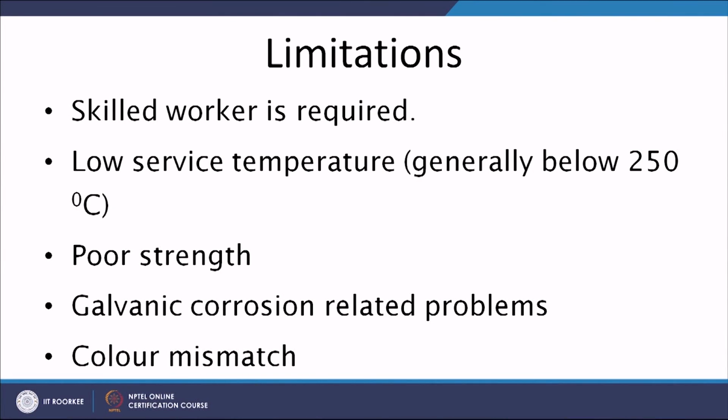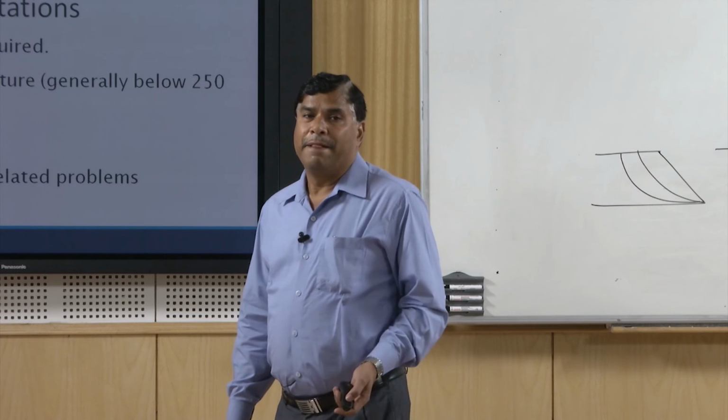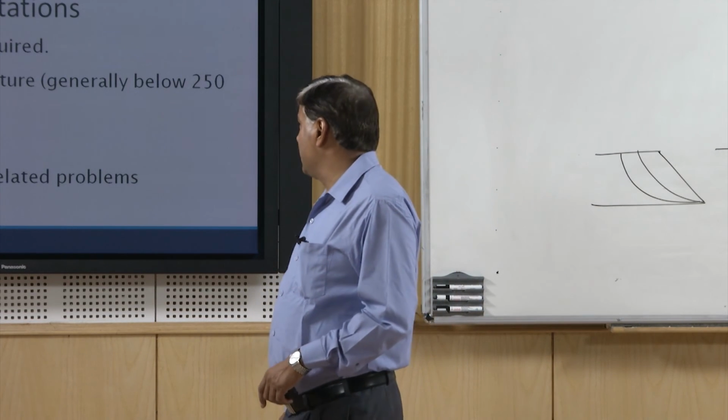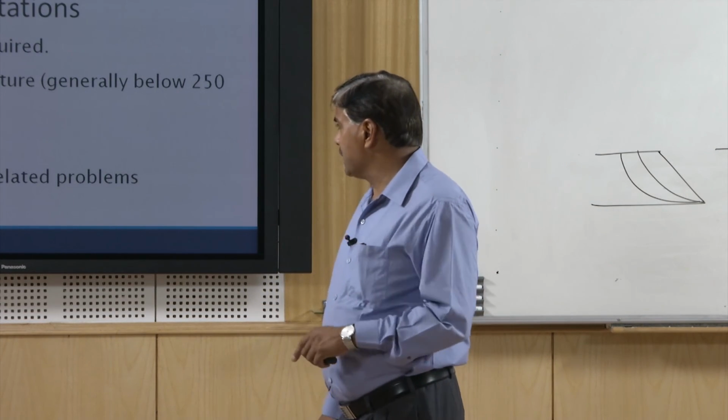Limitations: a skilled worker is required for applying. The temperature for which these joints can be used is low, below 250 degrees centigrade. Certainly solders cannot be used that high, but braze welds and brazing joints can be used below 250 degrees centigrade.